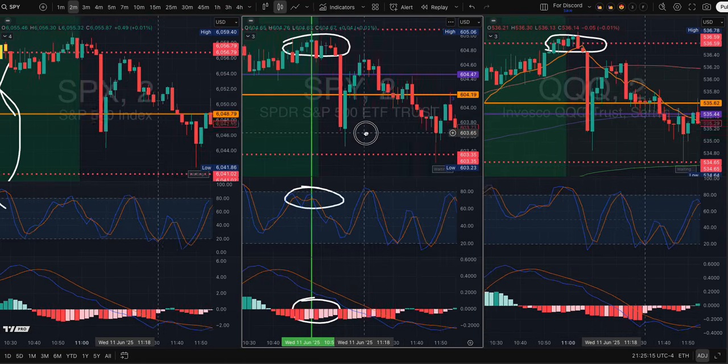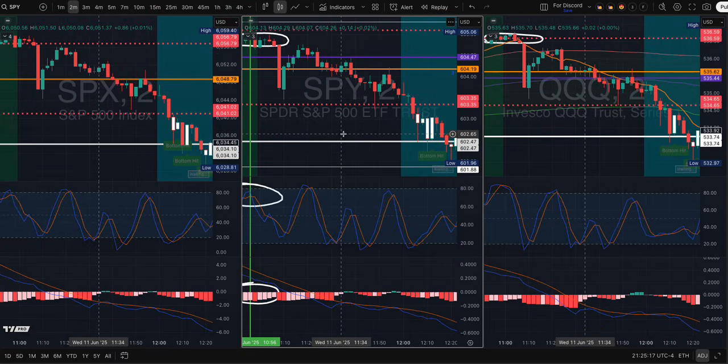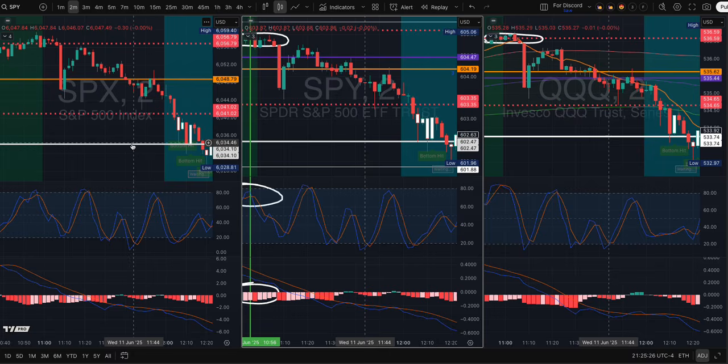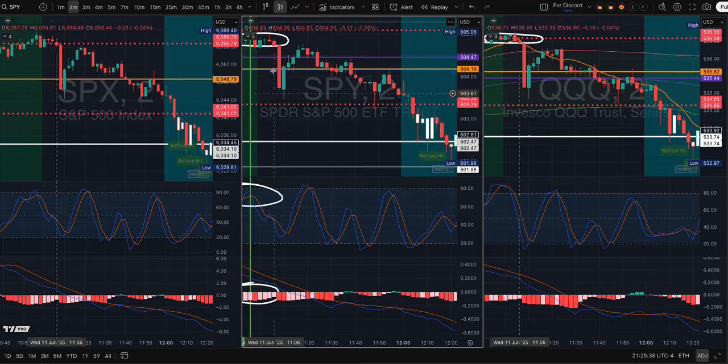So I didn't take that, and then continued. But the thing is, this area is no man's land, which means I'm not trading that area because most of the time it has stop loss hunting and decaying and all those stuff. So I don't trade that area, and the volume is low.